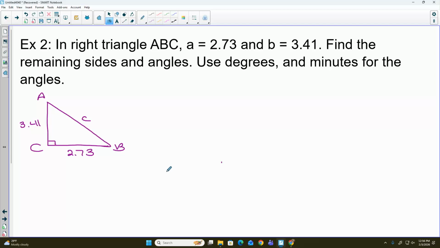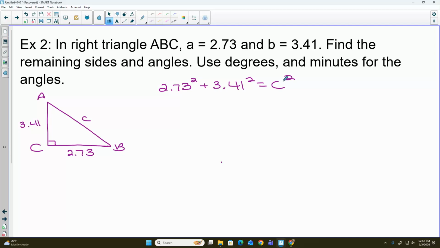How would I find side C? It's just 90 degrees. That's angle C, yeah. But for my side, since we have a right triangle, I could do the Pythagorean theorem. A squared plus B squared equals C squared.